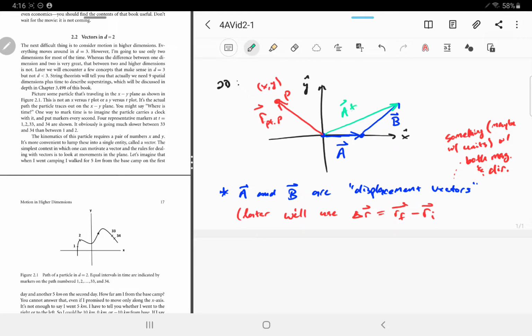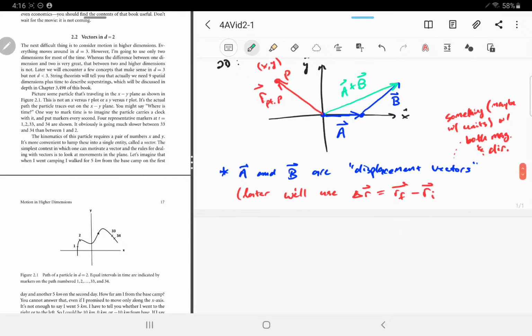So we want to be able to talk about the addition of these vectors. One thing I'll point out with that is we add vectors graphically using the tail to tip method.